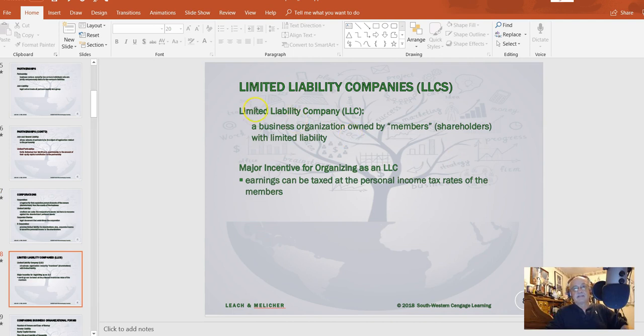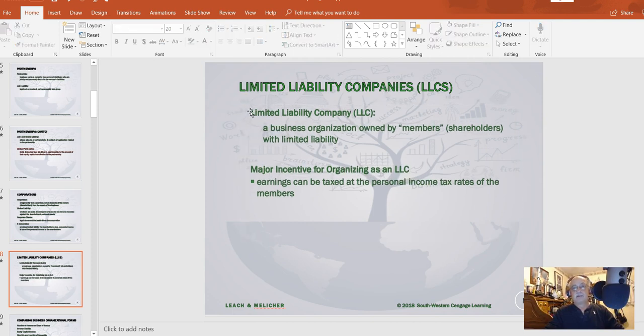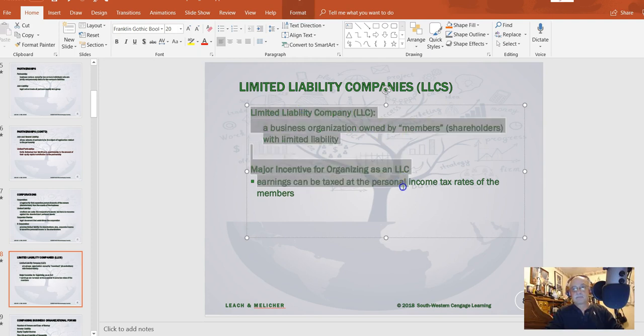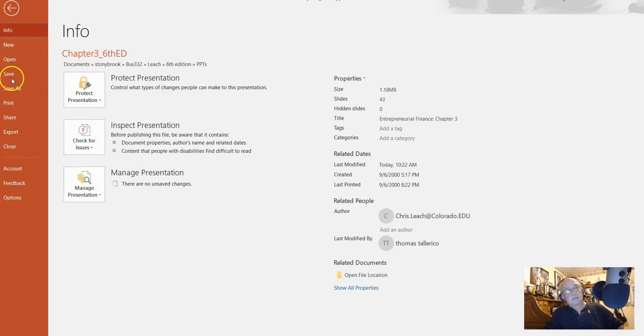All right, and then of course here's the big one, as I mentioned, the limited liability corporation. Whoops, I didn't mean to move that. And I'll highlight this because this is really important stuff. So I'll make that red, and once again I will save it.